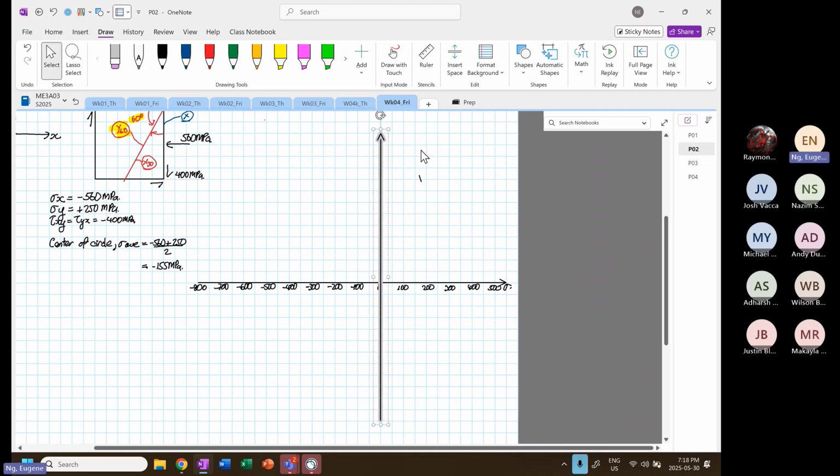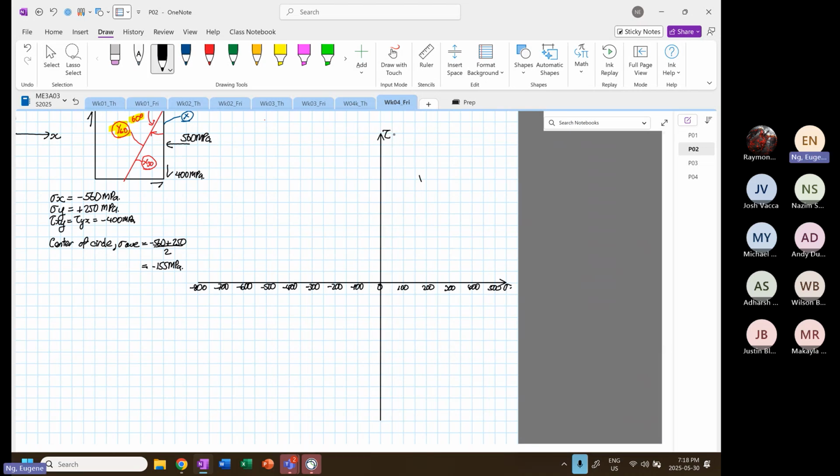We have shear rotating clockwise at the top. Again, the scale has to be the same: 100, 200, 300, 400, 500, and 600. And then we have minus 1, 2, 3, 4, 5, and 6, element rotating clockwise.